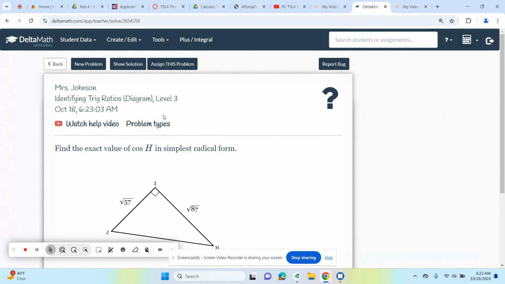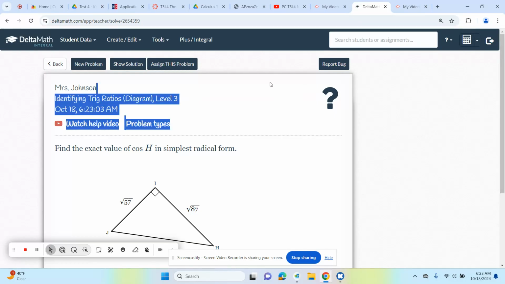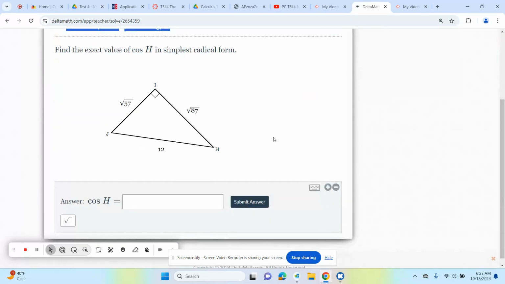All right, so let me draw this lovely triangle out. I, H, and J.